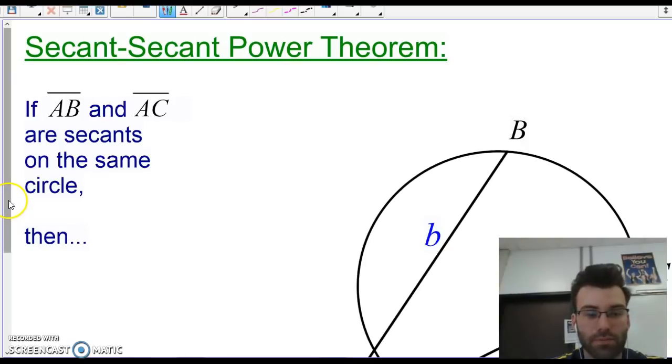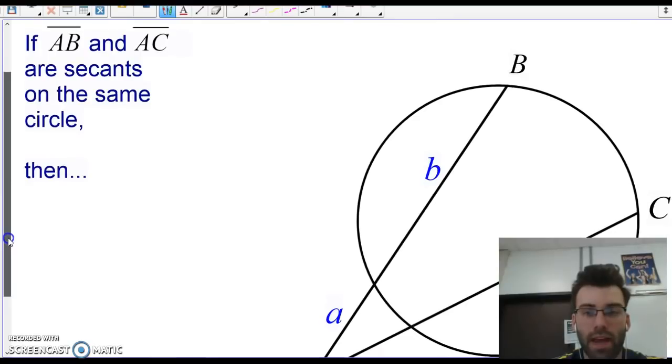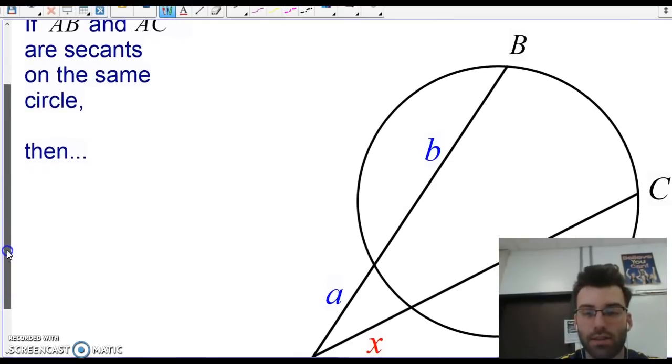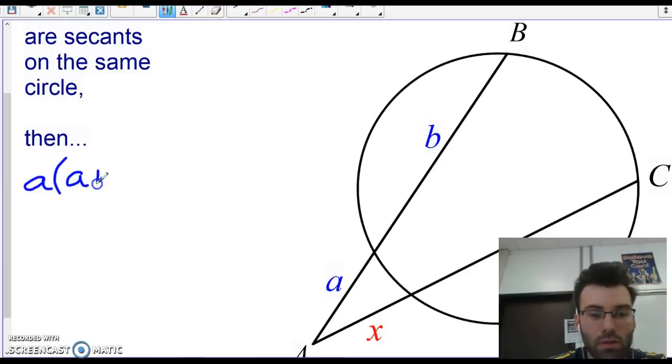Next one. The secant power theorem. If A, B, and AC are secants on the same circle, then we do A, the outer piece. Let's get that in blue. A times the whole. It's similar to the last one where the secant tangent equals X times the whole.